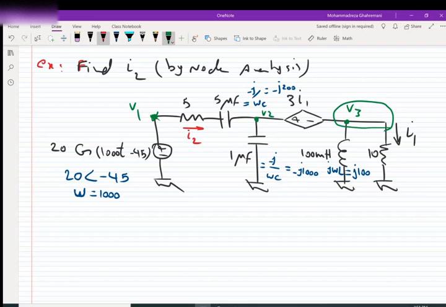Between V2 and V3 we have a voltage source, and we know that in node voltage analysis, whenever we have a voltage source between two nodes, a supernode is created. So we have a supernode here.